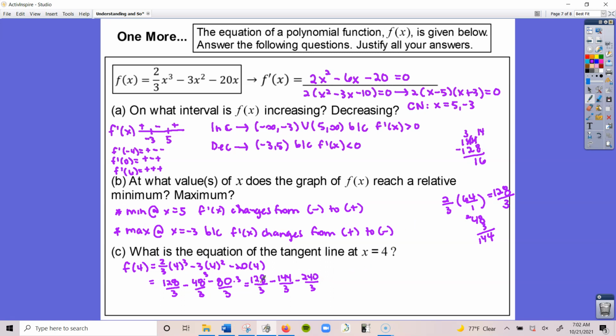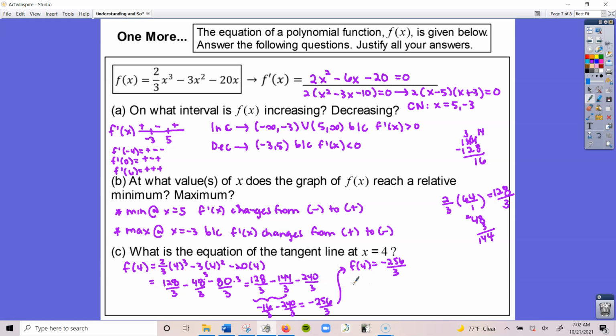So that's going to be, this here is negative 16 over 3 minus 240 over 3, which is going to equal negative 256 over 3. So that is my point of tangency, which I'll write here. F of 4 is equal to negative 256 over 3.